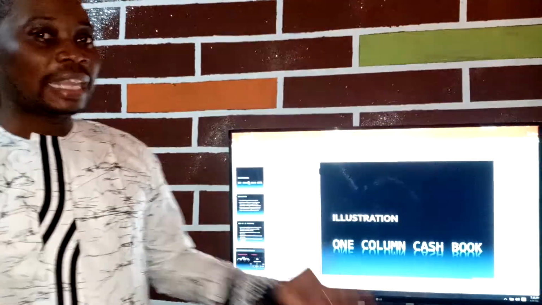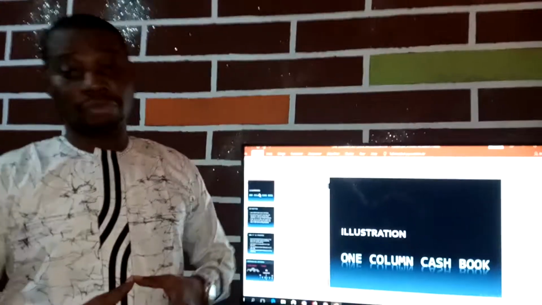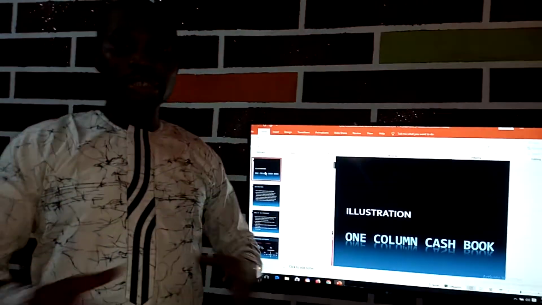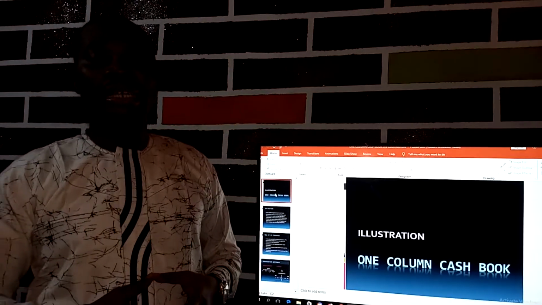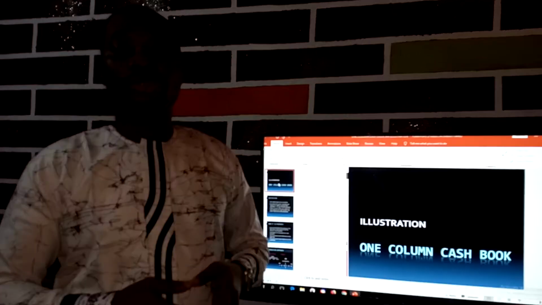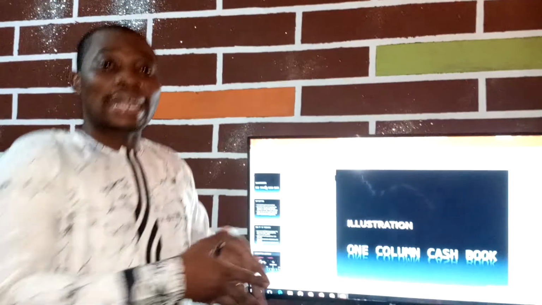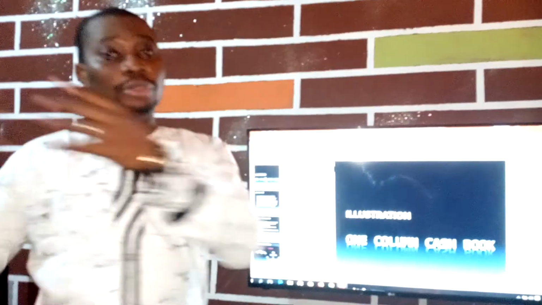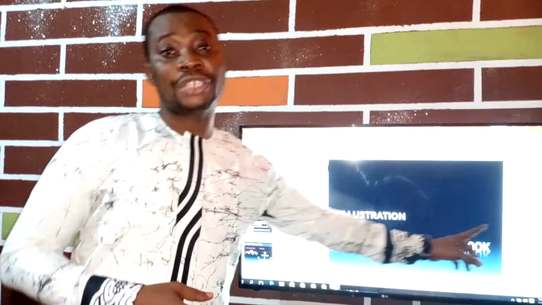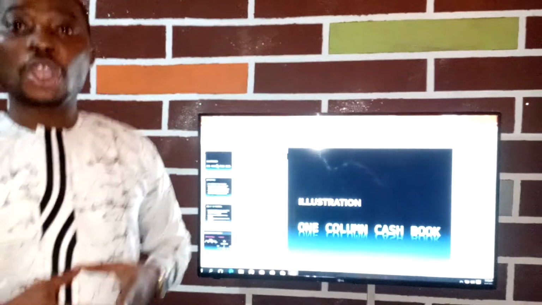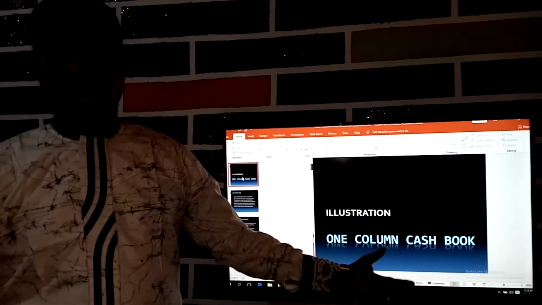Recall that I explained that as an organization, whether big or small, cash transactions are either carried out through the cash at the office, or through the bank. And because we are saying one column cash book, we are recording these transactions in separate books.